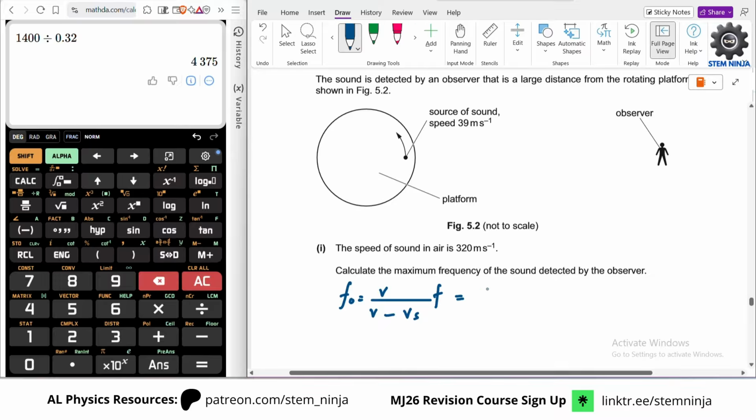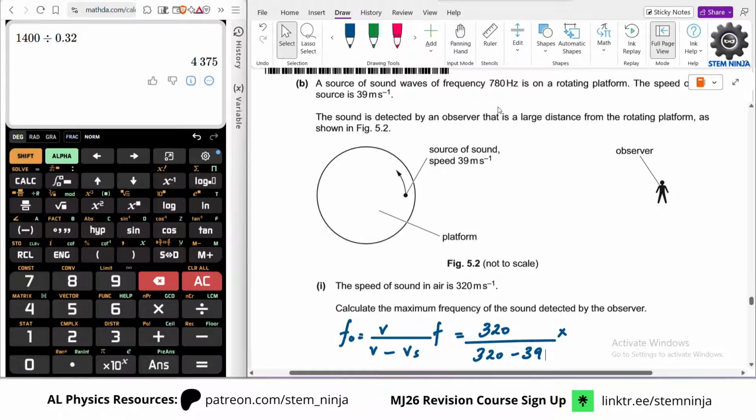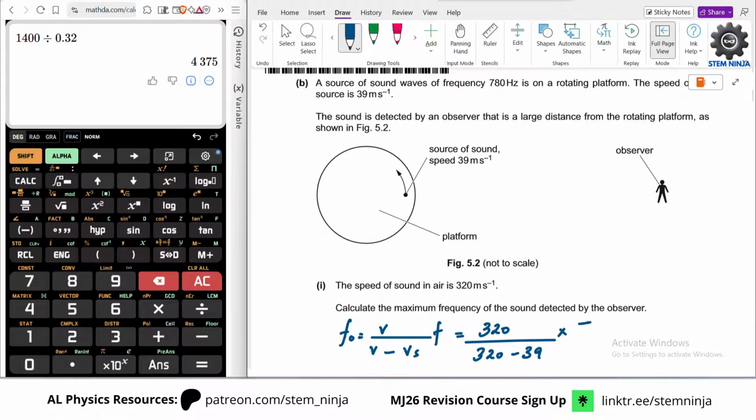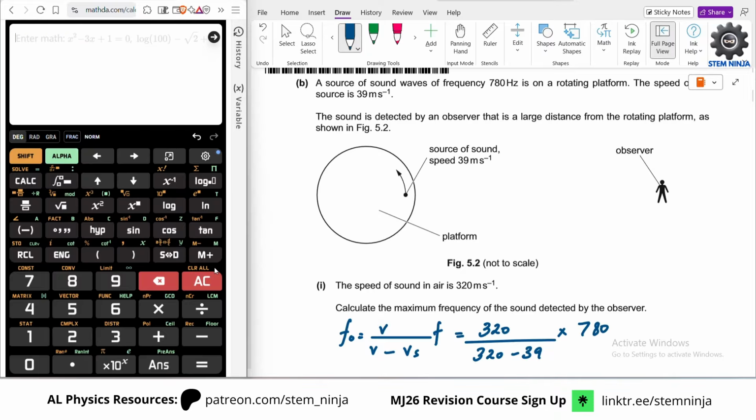So this would be 320 divided by 320 minus 39, times frequency of sound wave, 780. So that would be 320 times 780 divided by 320 minus 39.